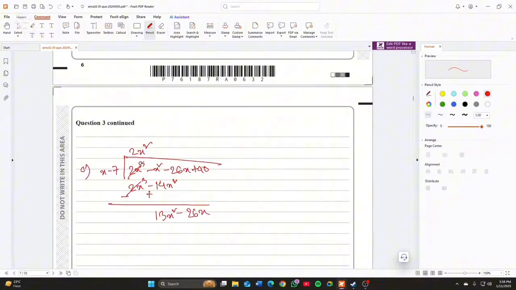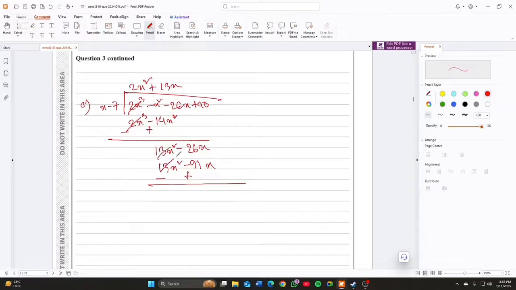Now what do we need to do to get this value from here, we just multiply with 13x, therefore 13x squared, and minus 13 times 7 is 91x, the sign changes and this cancels out.